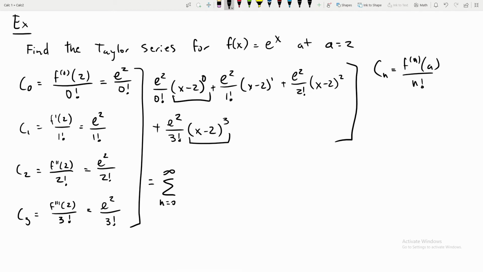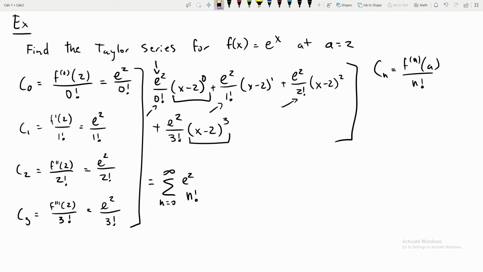What do we see on the top? Well, in the numerator, we see that we have a constant e squared. So we're going to keep that there. In the denominator, once again, we can notice that it's 0, 1, 2, 3, meaning that it's incrementing. So it'll be n, and then we want to take the factorial of it because, well, it's 0 factorial, 1 factorial, 2 factorial, and then 3 factorial.